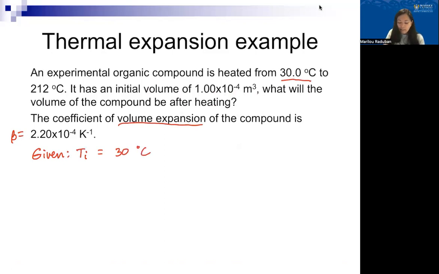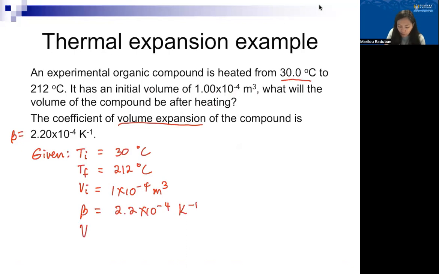Right, and then it increases to 212 degrees Celsius, so that's the final temperature T sub F. Okay, the initial volume, V initial, 1 times 10 to the minus 4 cubic meters, and then of course beta is equal to 2.2 times 10 to the minus 4 per Kelvin. And we want to find the final volume.